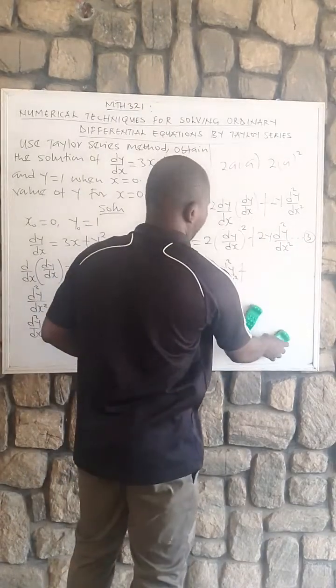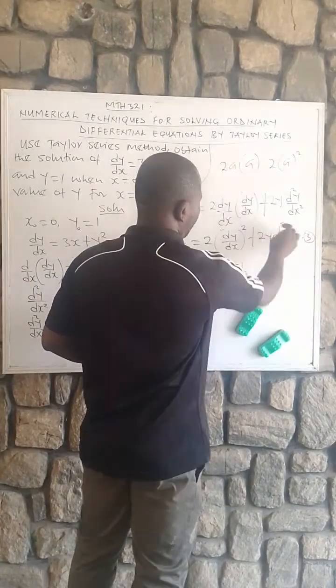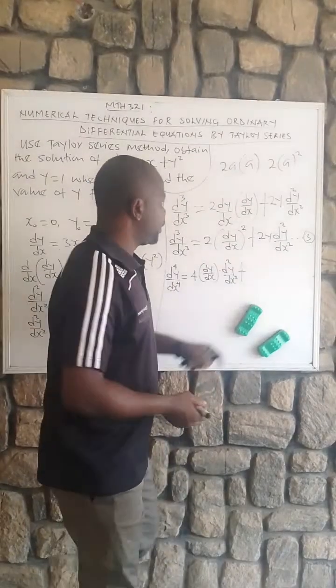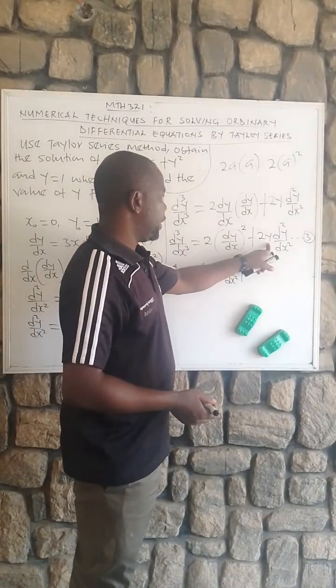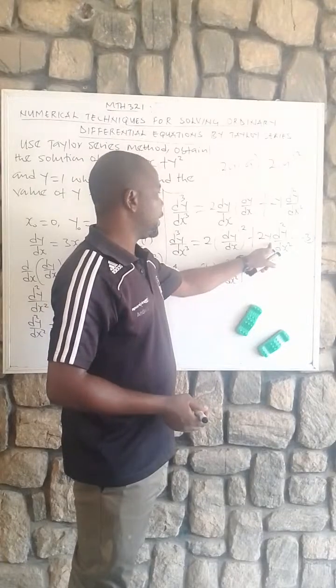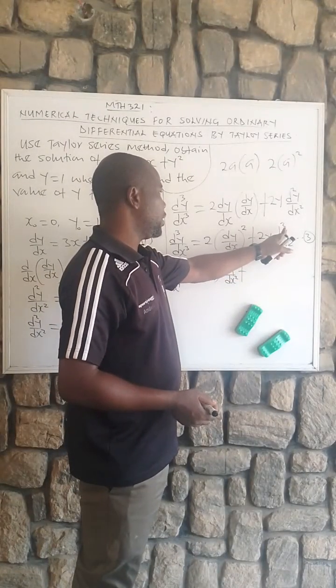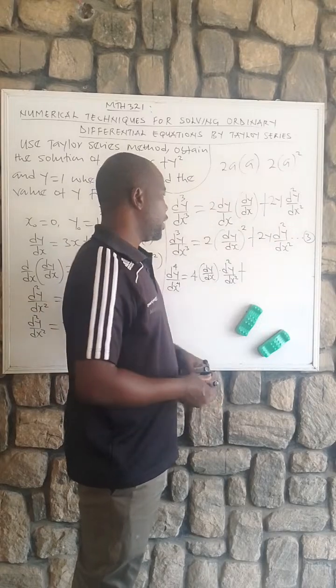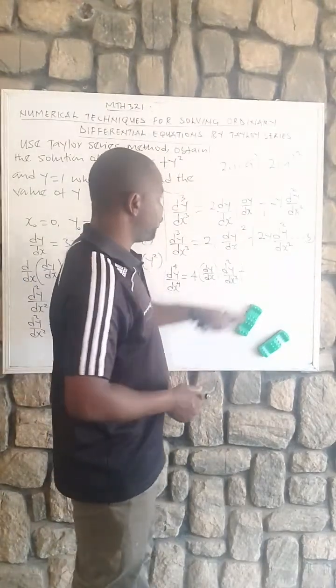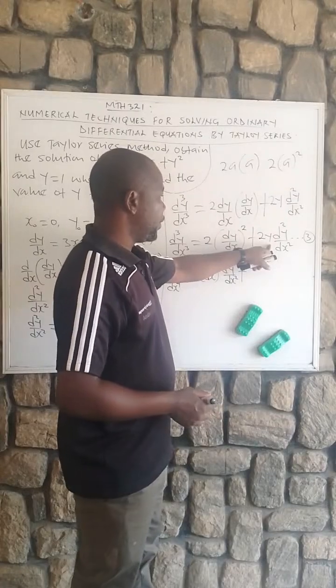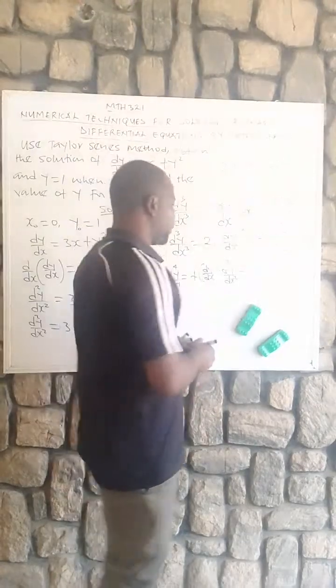We differentiate 2y, hold this one. If we differentiate 2y, I will use it to multiply what we hold, d squared y over dx squared.